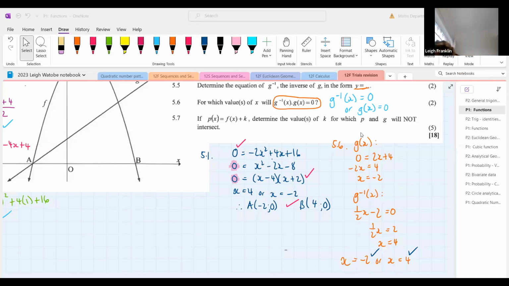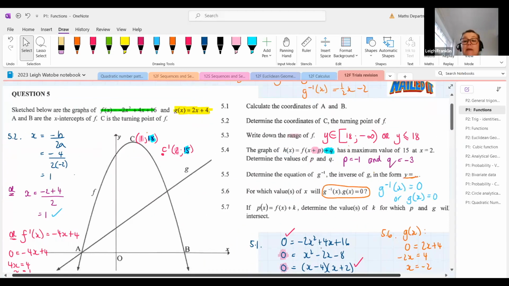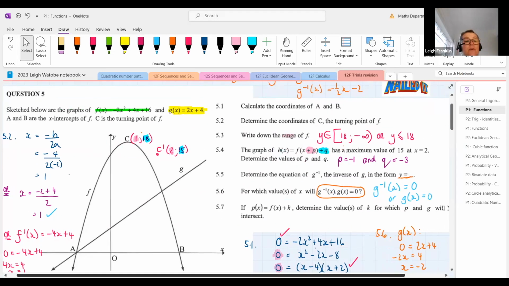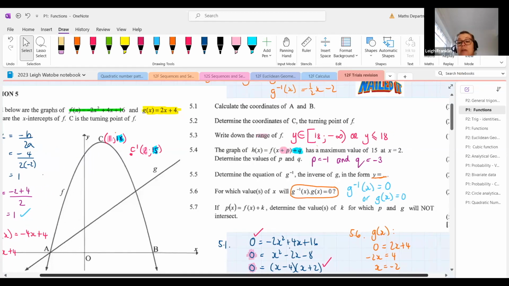Okay, so let's jump in. Sure, Mamelo, that's no problem. I'll scroll up again because we are now going to attempt our last question. They say to us in 5.7, if P of x equals f of x plus k, determine the values of k for which P and G will not intersect.